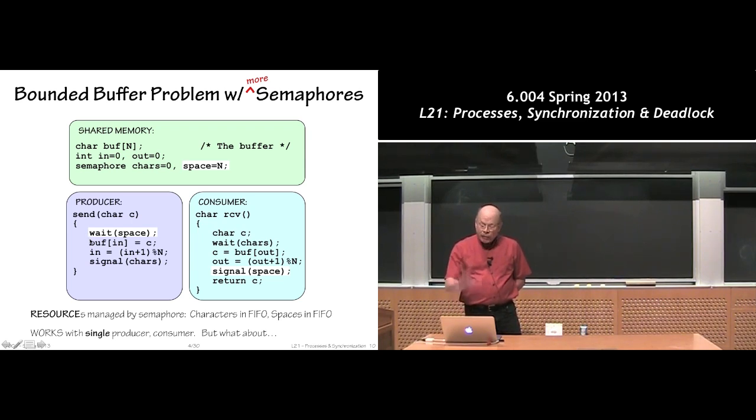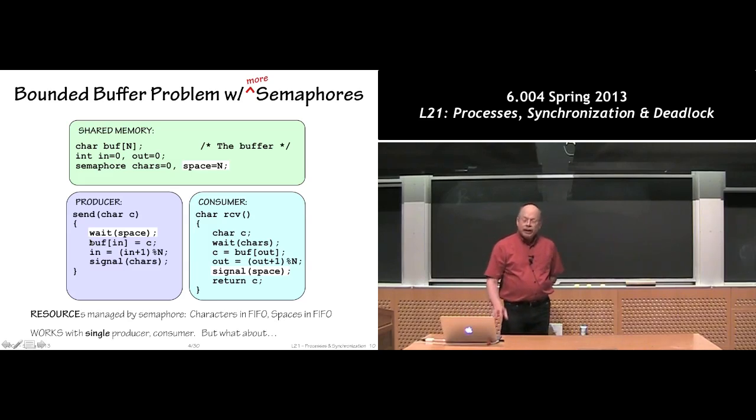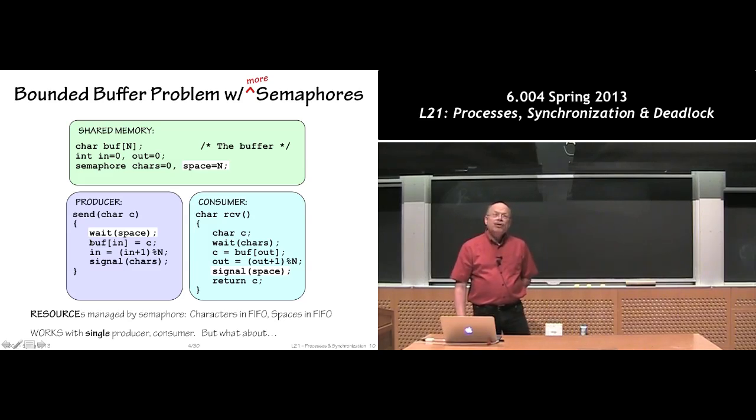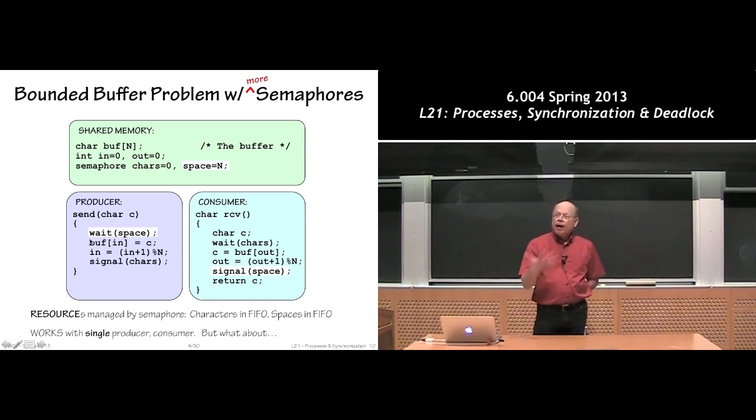And initially, if we start both of these programs running at once and the producer starts right away, what will happen? Will the wait on the space semaphore succeed, or will it block? It will succeed. Why will it succeed?